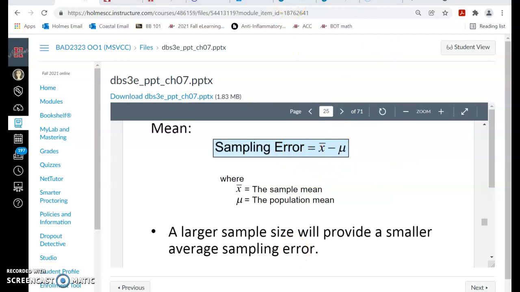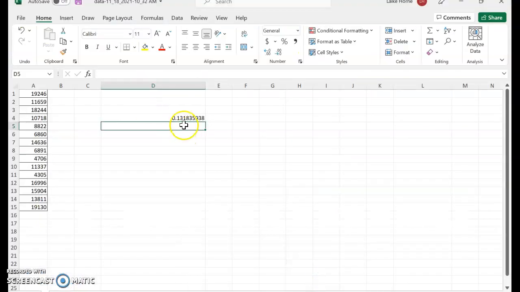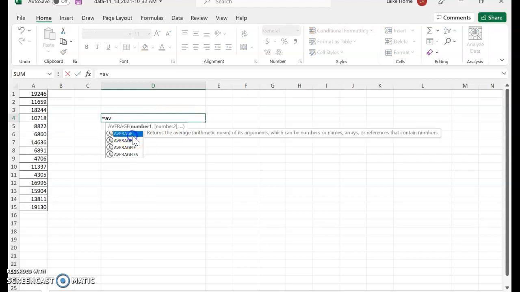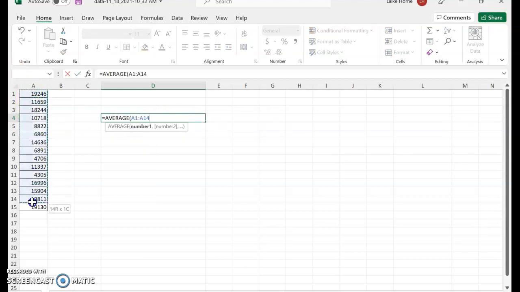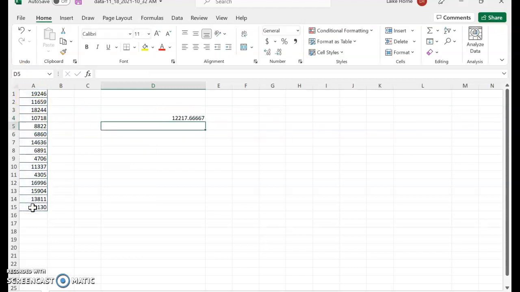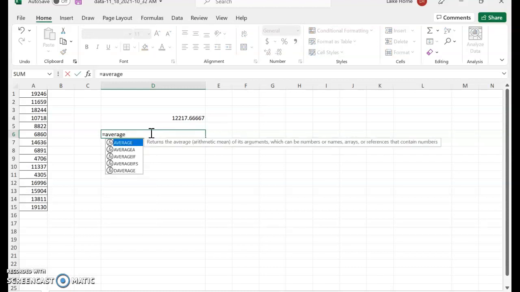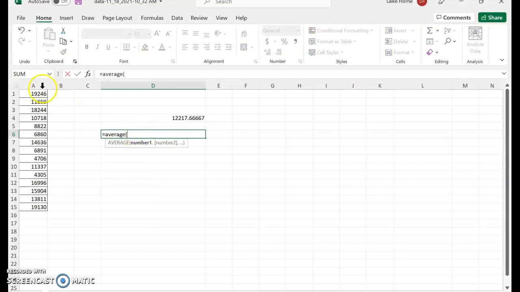And so you've already found the population mean, but just to show you, you can do average to get that. And then we want to know the mean of the first 5, I believe. So we would do the first 5 in the row.